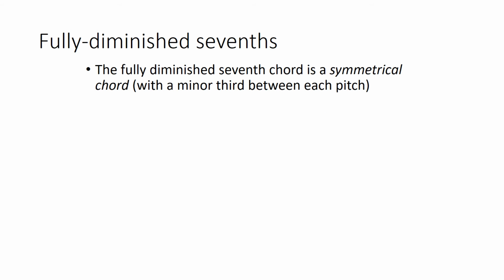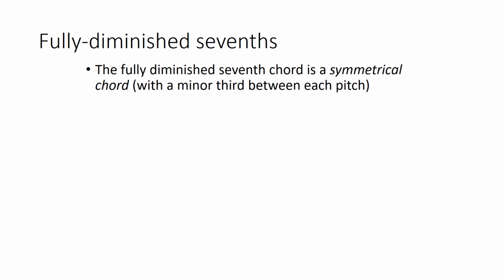Now we have one other type of chord that can be enharmonically reinterpreted in different ways. And this is a very interesting chord. It's the fully diminished seventh chord. This is a chord that's symmetrical. We've talked about it. It's got all minor thirds, right? And if I kept going, so this is Ti, Re, Fa, La.